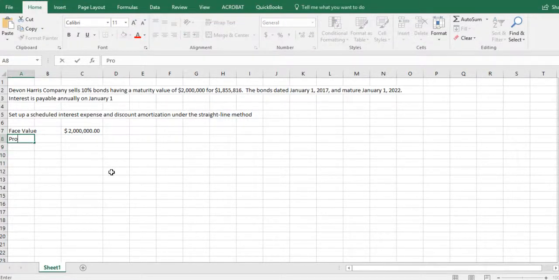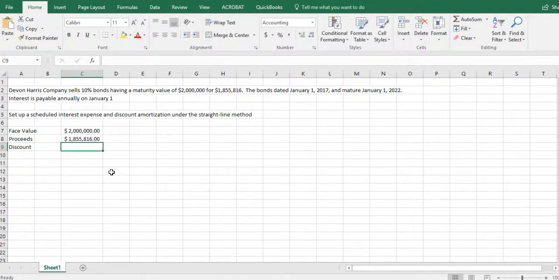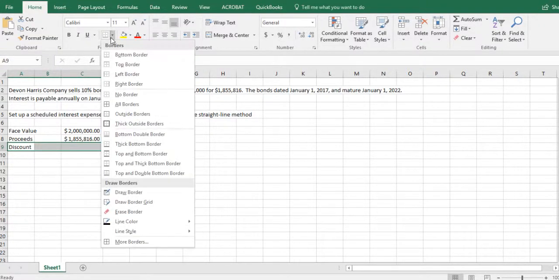Then we had proceeds. They sold face value of $2 million for proceeds of $1,855,816. So this means that they sold at a discount, because we received less than we will pay out.